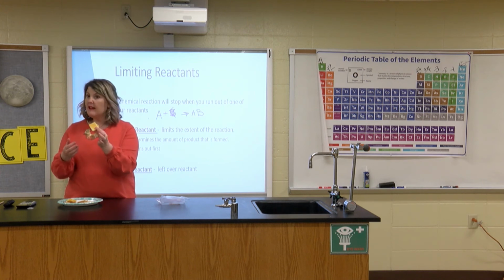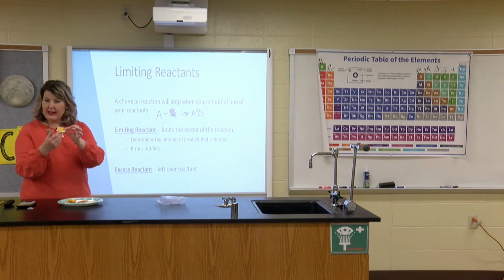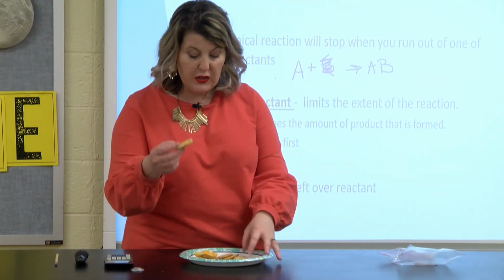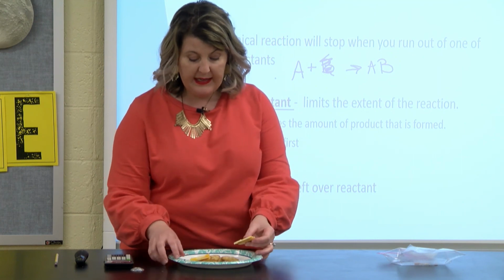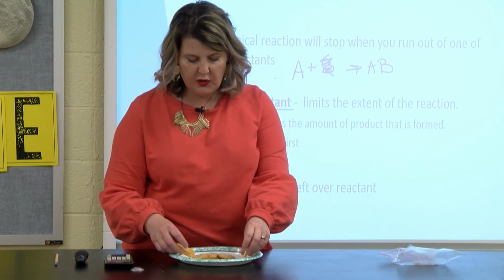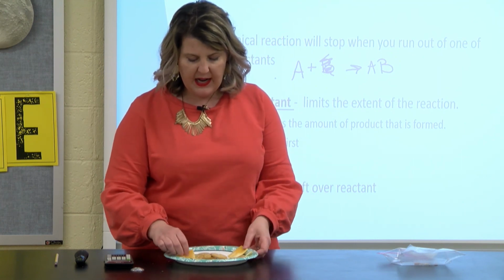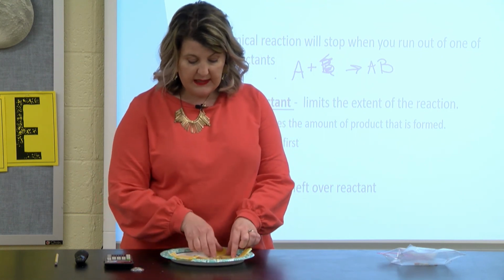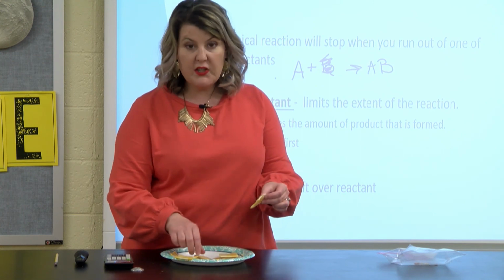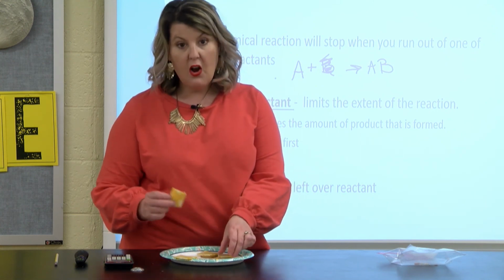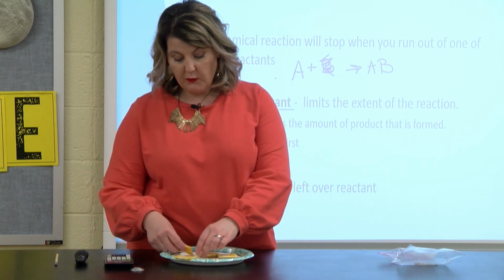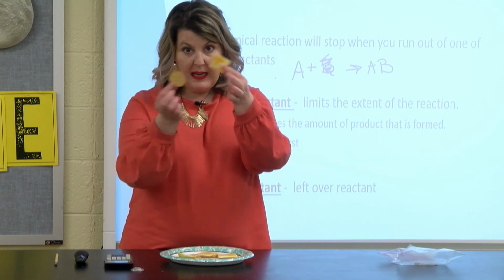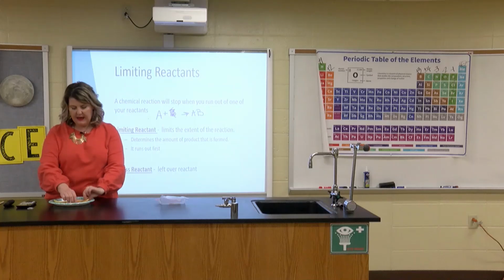I'm going to get AB. So we're kind of simulating or modeling this reaction that we're doing right here. So if you look at my plate, you see that I've got a bunch of crackers and I've got some slices of cheese. So what I'm going to do is put one piece of cheese on every single cracker. So right now I'm basically going through and putting my A with my B and making an AB.